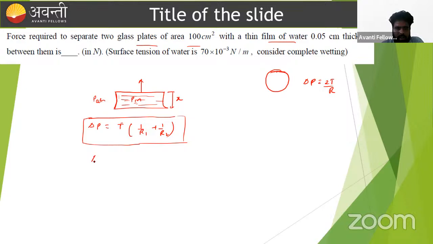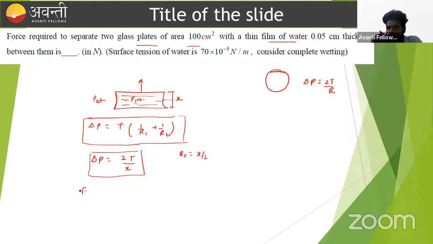Okay. So in this case, this is the gap x, and the radius of curvature is x by 2. So this will become 2T upon x. One radius of curvature we consider negligible, and R1 is nothing but x by 2. What is the force, beta?